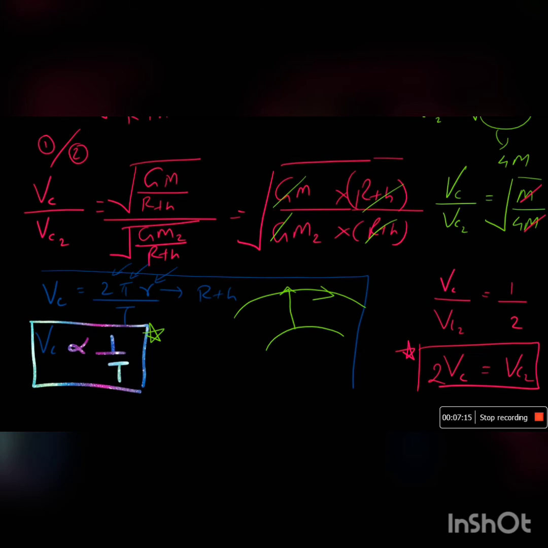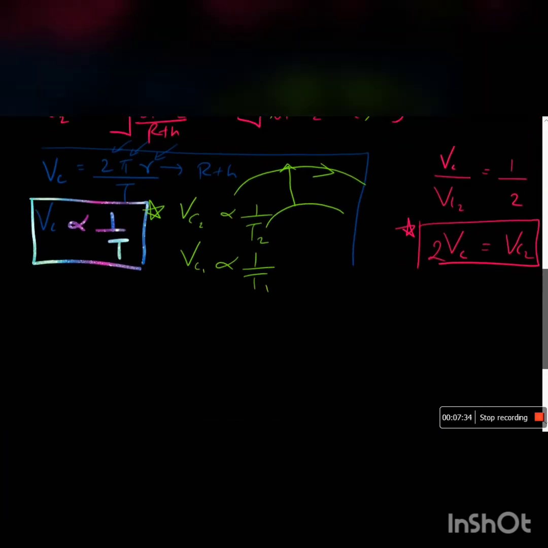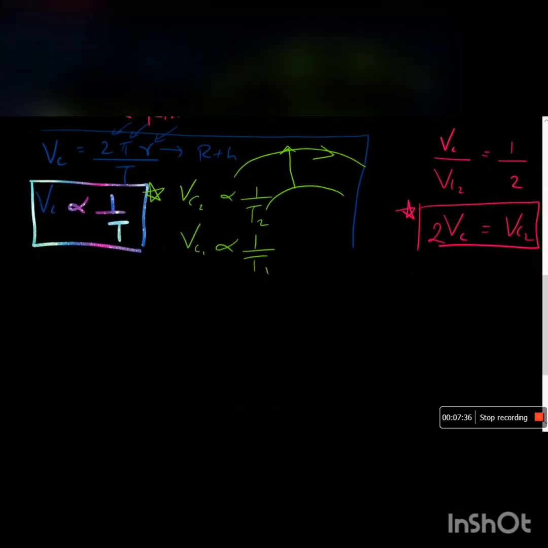So critical velocity 2 is inversely proportional to time period 2, and critical velocity in case 1 is inversely proportional to time 1. Suppose these are equation 3 and equation 4.